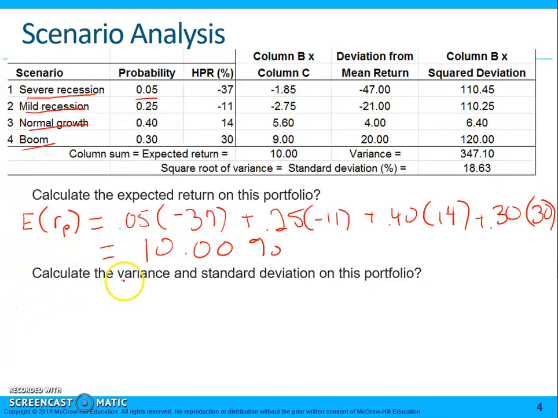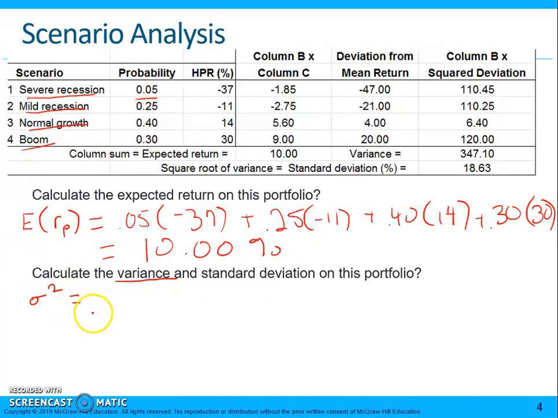Now the first thing we're going to do is calculate the variance. The variance is sigma squared, that's the reference. Standard deviation is just the square root of variance, so we'll refer to it as sigma.